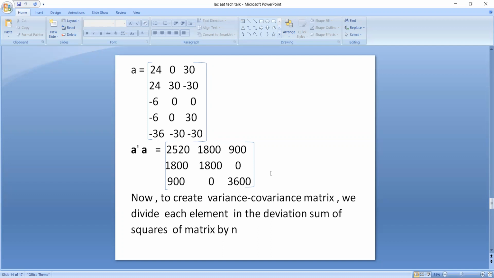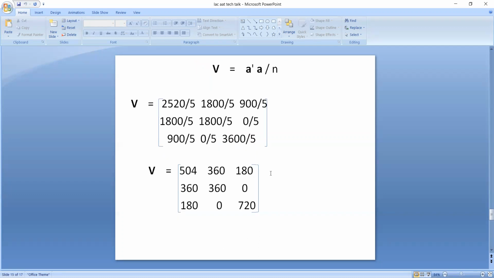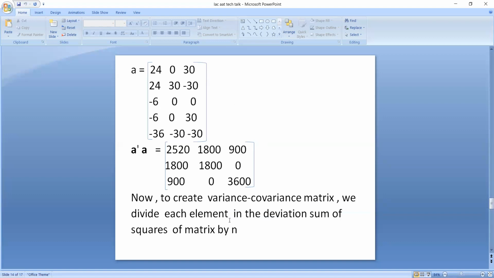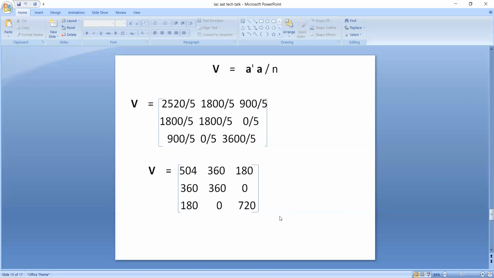Now, to create the variance covariance matrix, we need to divide each element in the deviation sums of squares and cross products matrix by n. V is equal to a dash a by n, which means we have to divide each element. n is equal to 5.